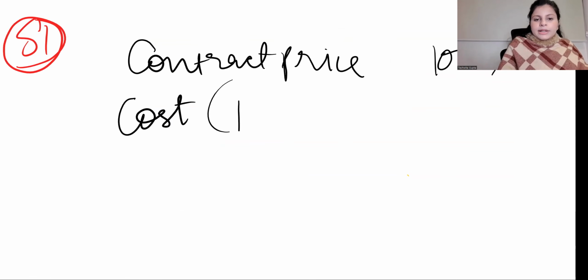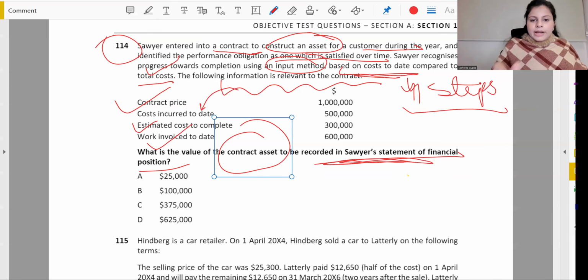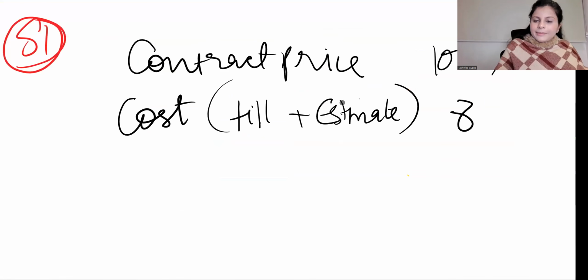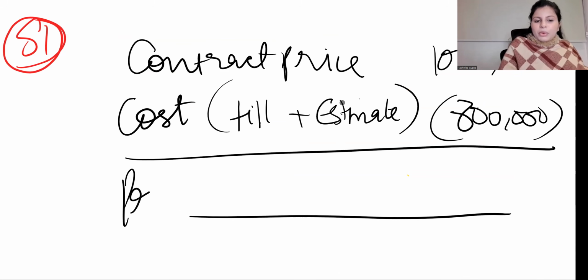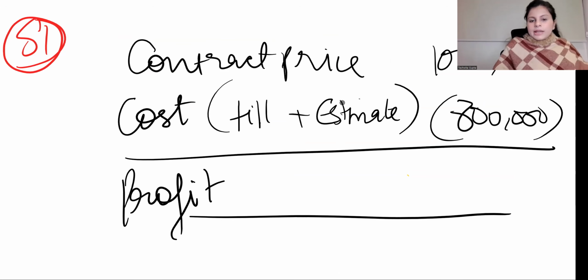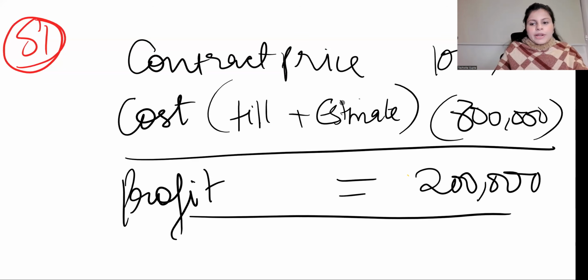That is cost incurred till date plus estimates. Let's see. Till date we've incurred 5 lakh, estimate is 3 lakh, so total is 8 lakh. Is it becoming profitable? Yes. So there's an overall profit of how much? 2 lakh. So it's a profitable contract.